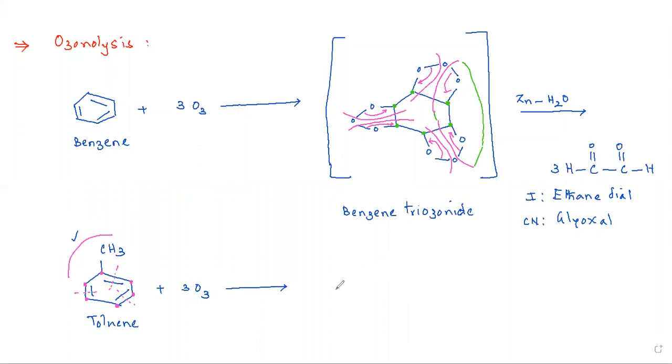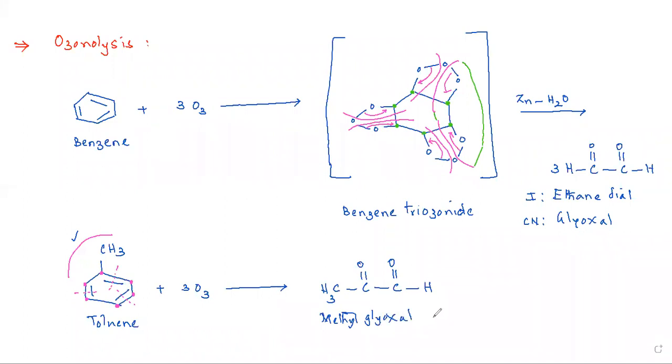Now check this out. From this area, we get CH3C double bond O. I'm done right up to this. Now another C double bond O, but here you got a hydrogen. CH3, C double bond O, C double bond O, H. Because here you got a hydrogen, right? Now, this is called methyl glyoxal. Okay.